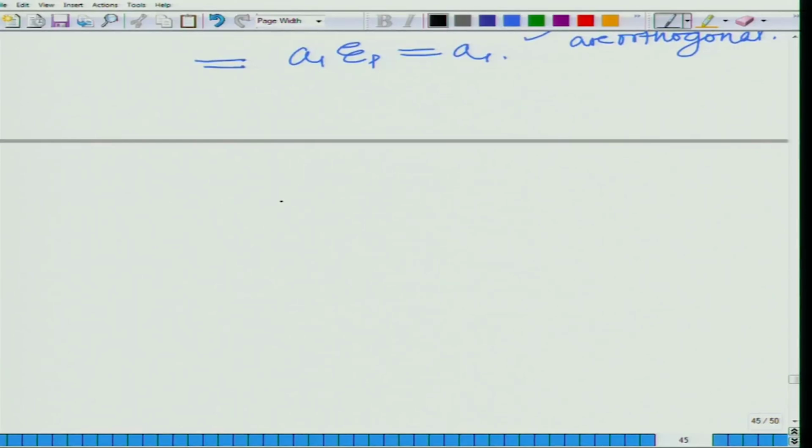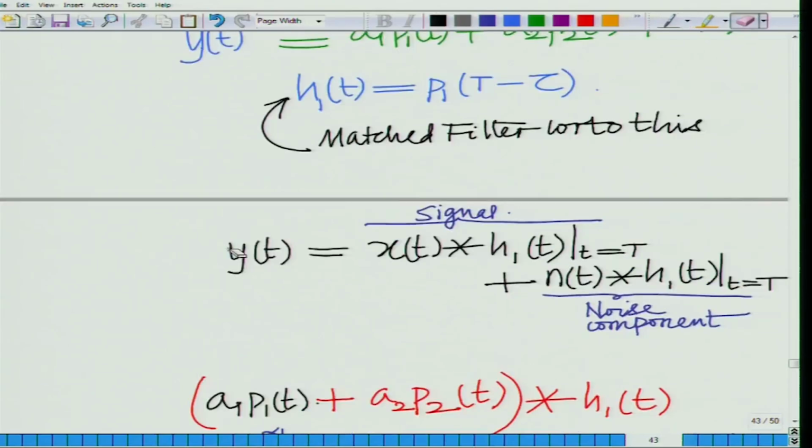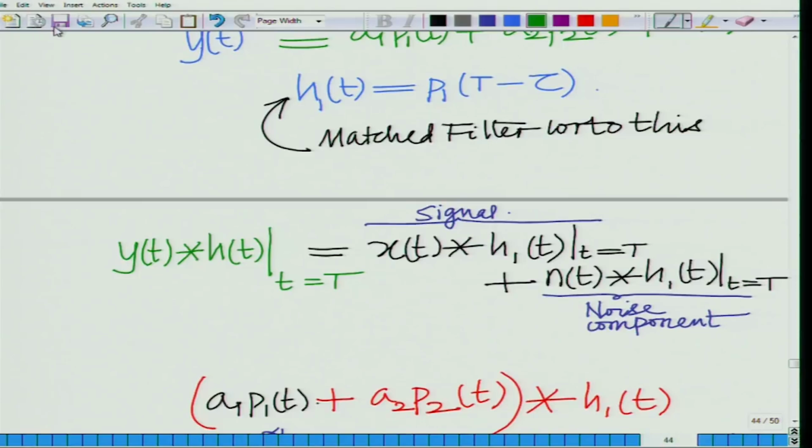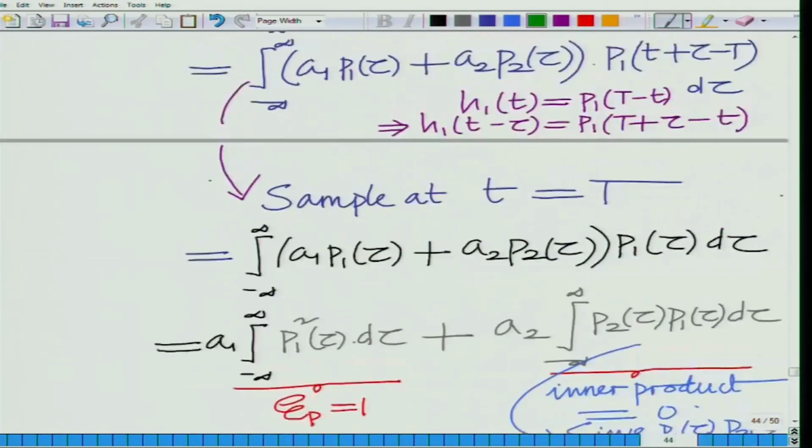Okay. So, basically what we have is, when we matched filter with H1 T and sample at T equal to T, this is basically your matched filtering, which is basically y(t) with h(t) and sampled at t equal to T. So, the signal component, remember, we are denoting this part by R1 T, the output after sampling.